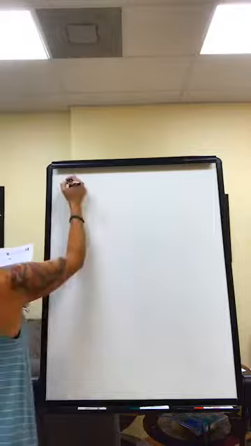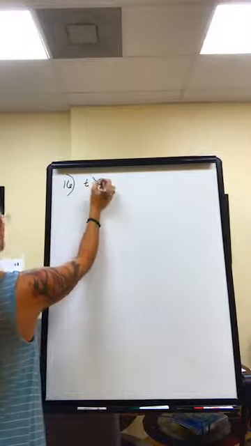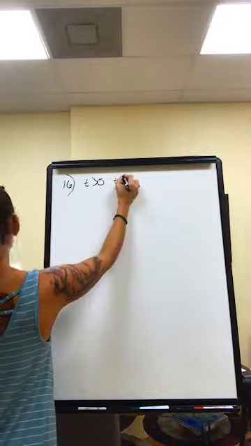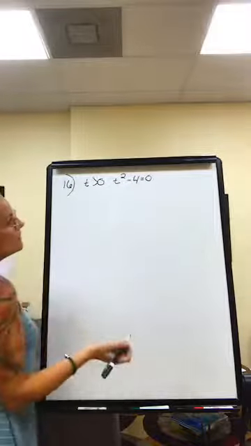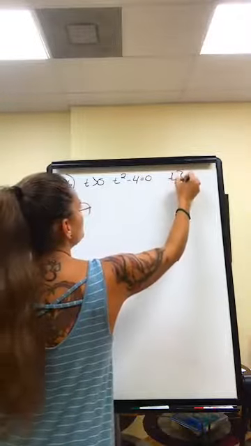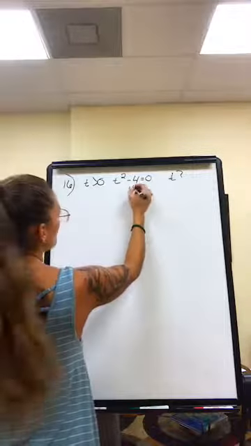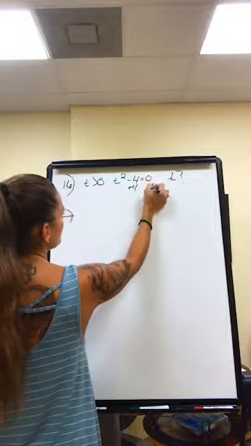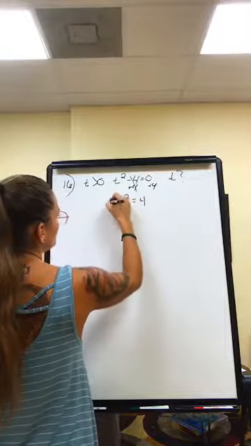All right, 16. If t is greater than 0 and t squared minus 4 equals 0, what is t? Okay, so we're just going to move this 4 to the other side, and we get t squared equals 4.